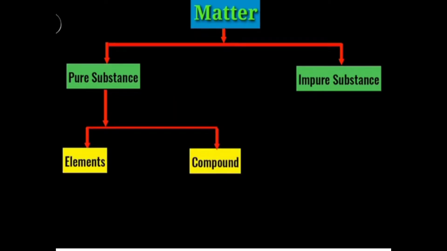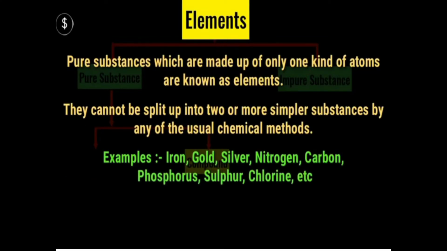Now, pure substances are divided into two types, elements and compounds. Elements are the pure substances which are made up of only one kind of atoms.